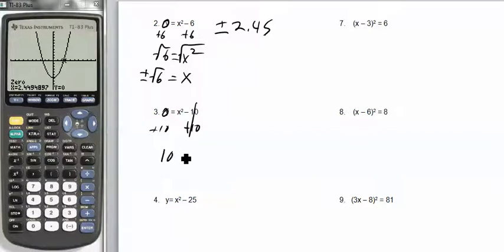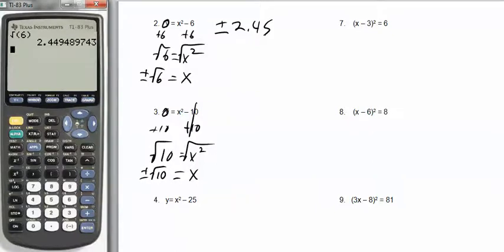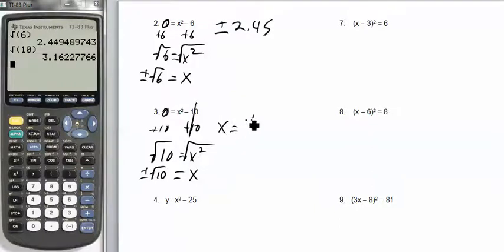So 10 equals x squared, take the square root, x equals plus and minus the square root of 10, which is 3.16. So it would be x is plus and minus 3.16.